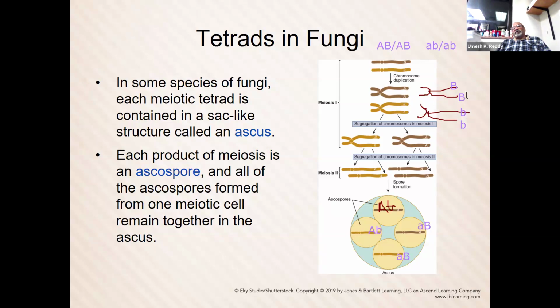You know, chromosome with the capital B's are up there. So this can make all parental ditypes, because this chromatid can join together in one spore, making capital A, capital B, capital A, capital B, small a, small b, small a, small b.